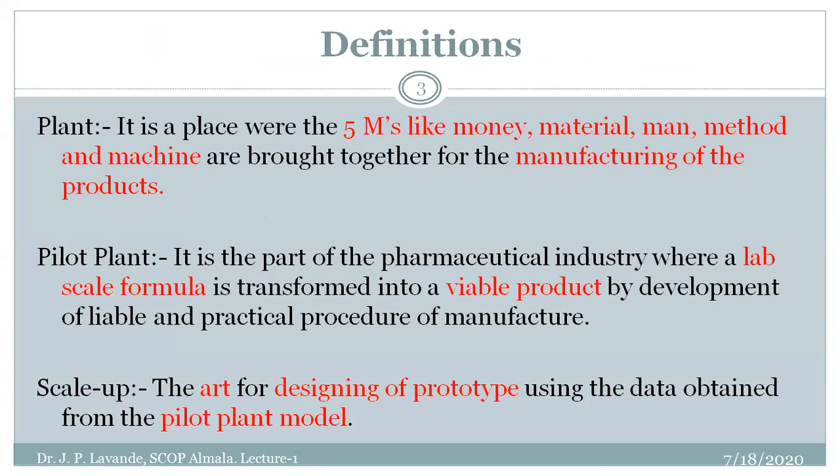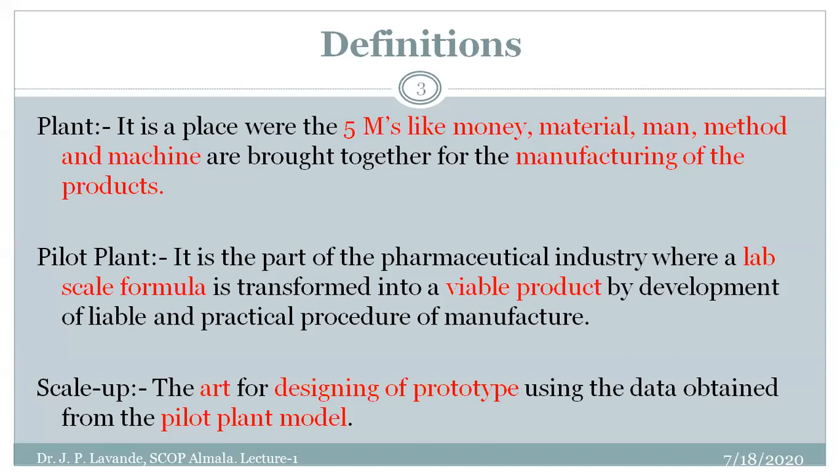As I already told you, the plant is at the topmost. And when we are talking about the plant, we have to define it. So how can we define the plant? Basically, plants involve 5 M's. Now what are these 5 M's? These are money, material, man, method, and machine.